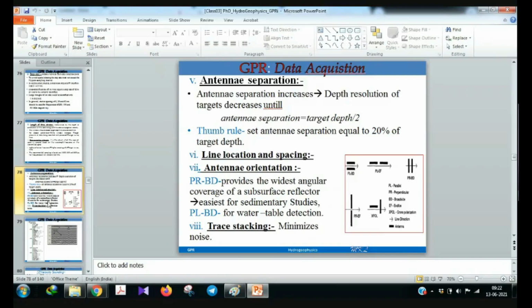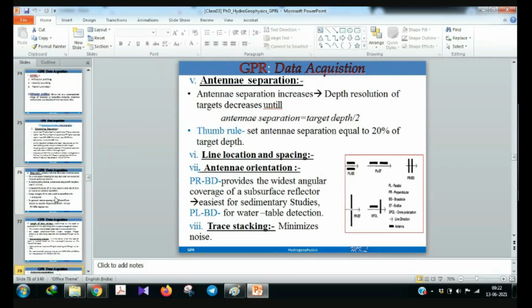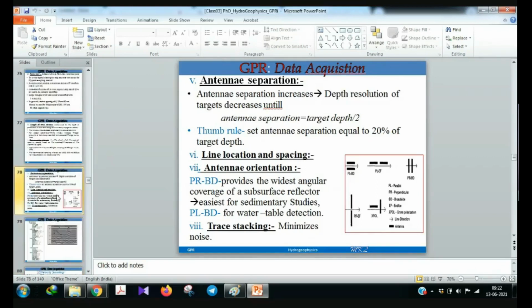Suppose your target depth is 10 meters, so your antenna separation should be 20 meters in case of the CMP method, or in the reflection profiling method. I'm talking about the reflection profile. So antenna separation should be target depth by 2. That's the rule of thumb.